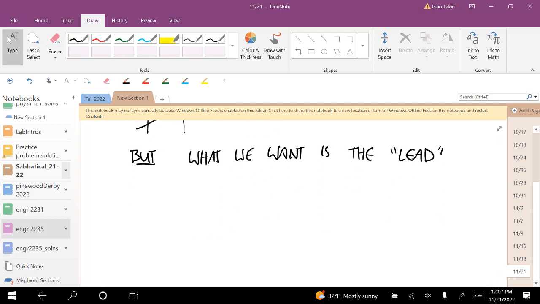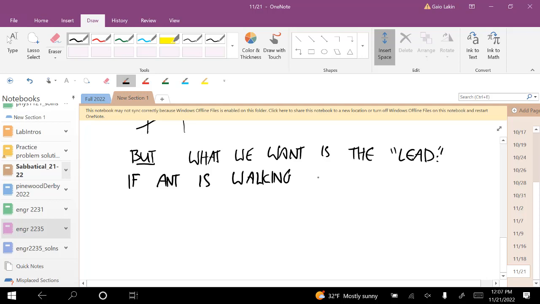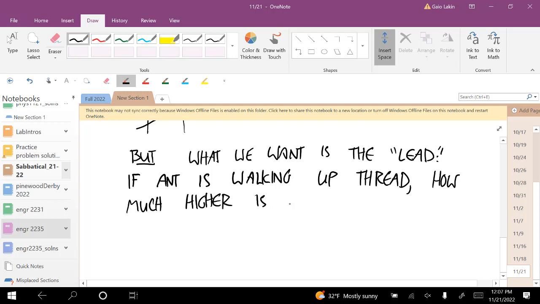And the lead is, so if an ant is walking up the thread, it doesn't have to be an ant, it just has to be small. How much higher is he? It could be a female ant. The next time he gets to that same point on the screw.